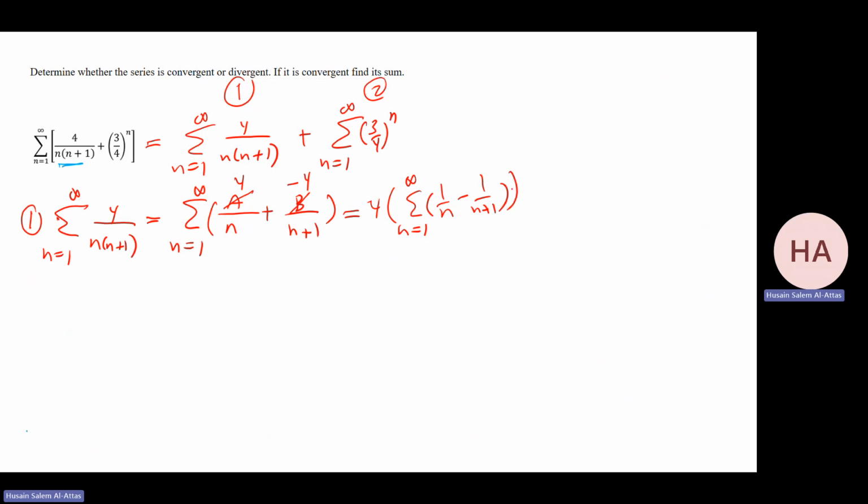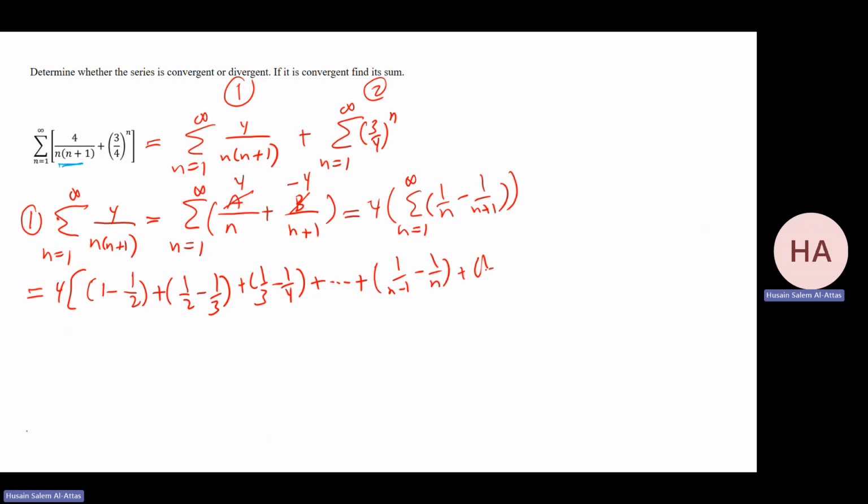Let me write from here: 4 times, open the sum: 1 minus 1 over 2, plus 1 over 2 minus 1 over 3, plus 1 over 3 minus 1 over 4, and so on, up to 1 over n minus 1 minus 1 over n, plus 1 over n minus 1 over n plus 1.